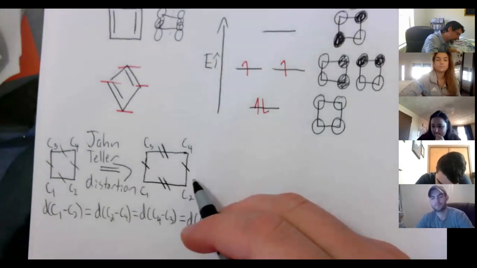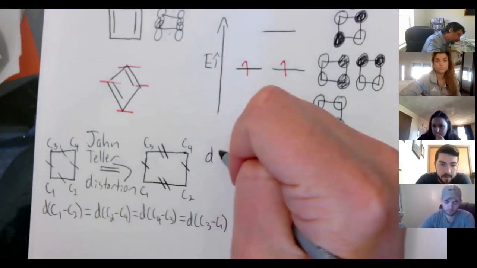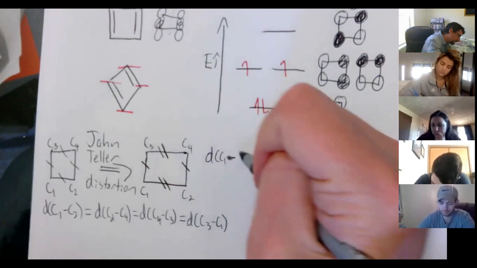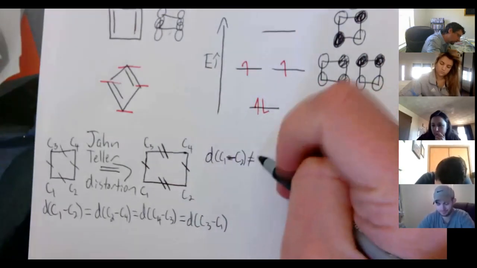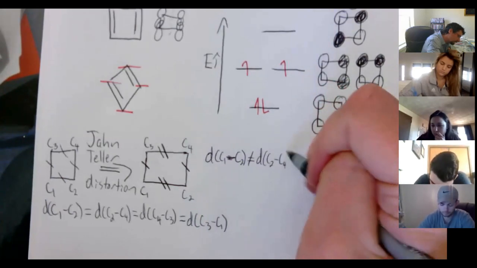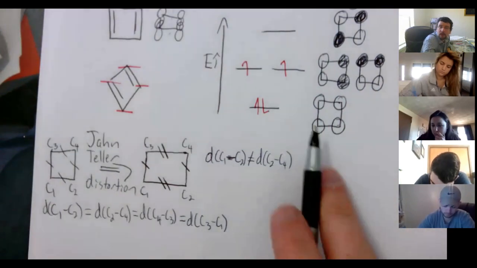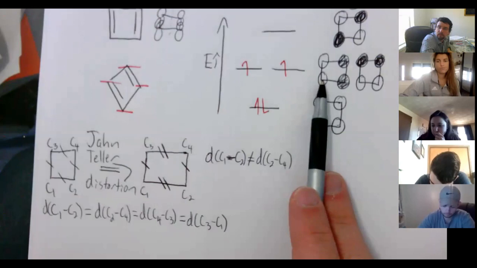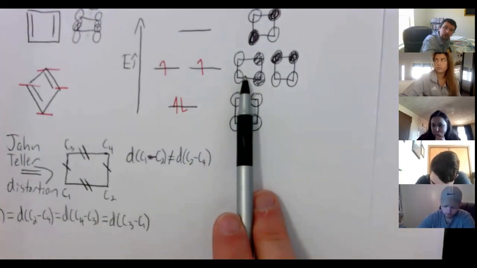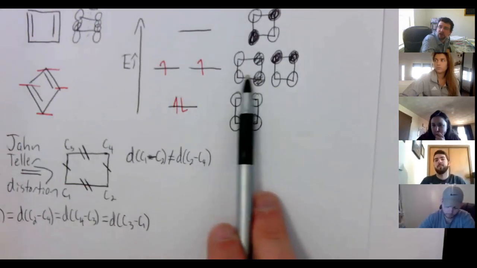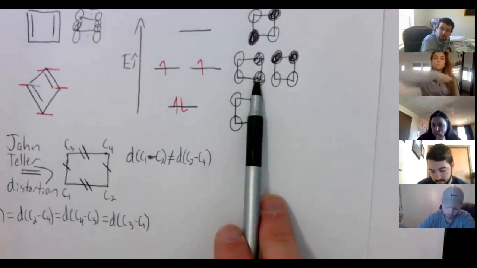So in this case, the distance of C1 and C2 does not equal the distance of C2, C4. Now, how does this influence the electronic structure? If we look back at our MO diagrams, this bond is getting stretched out, right?